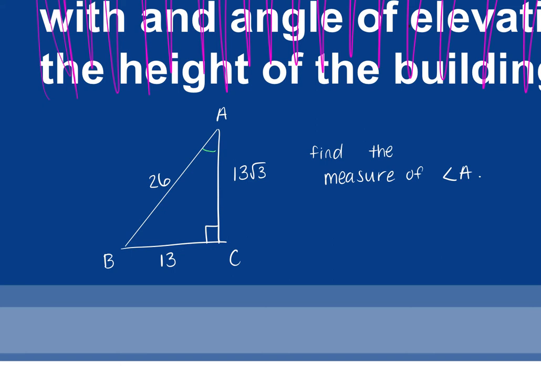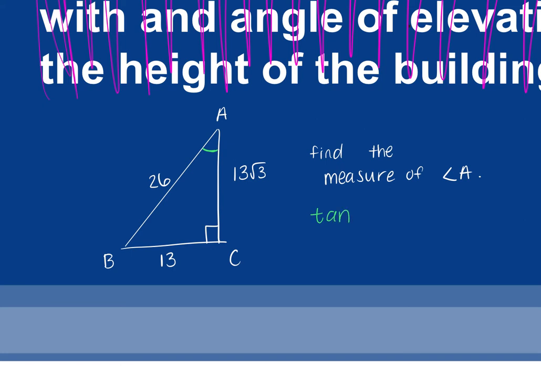It gives us every single side of the triangle, so it doesn't matter if we use sine, cosine, or tangent, okay? Now, for other examples, it will matter which trig function we use, because it will only give us two parts, and we'll have to use those two parts that it gives us. In this case, since we can use any one, Vinny, pick one, sine, cosine, or tangent? Tangent. Let's use tangent, okay?